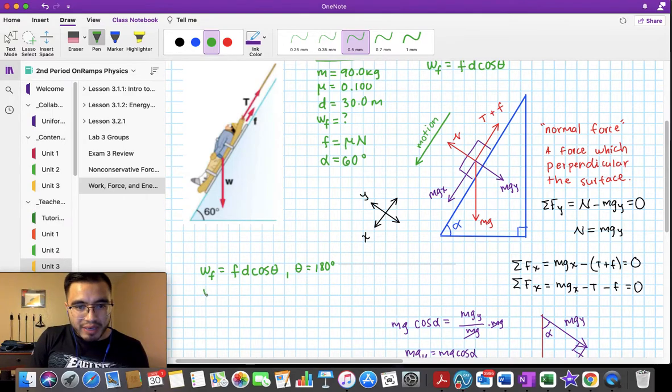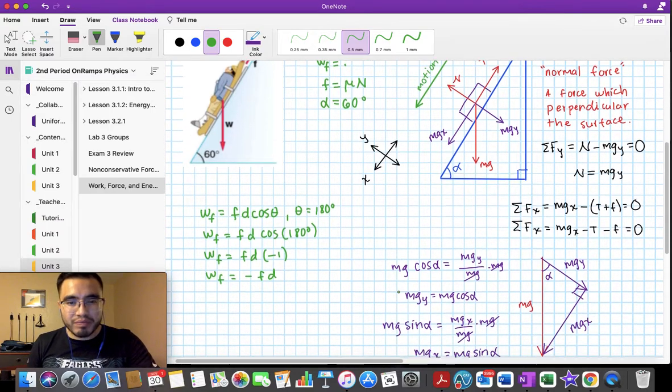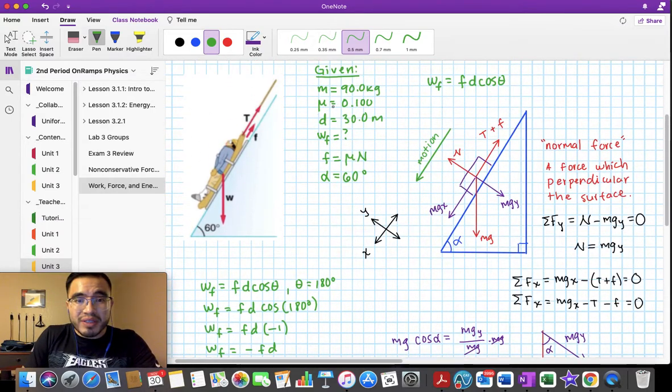So then we can say work done by friction equals force of friction times distance times the cosine of 180 degrees. That'll be -1. Work done by friction equals Fd times -1, and that is simply -Fd.